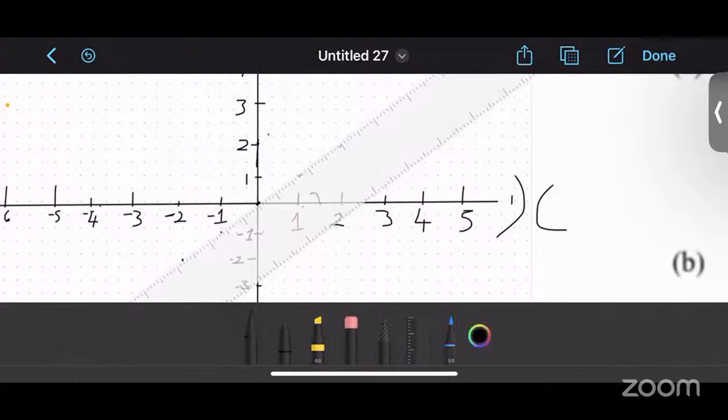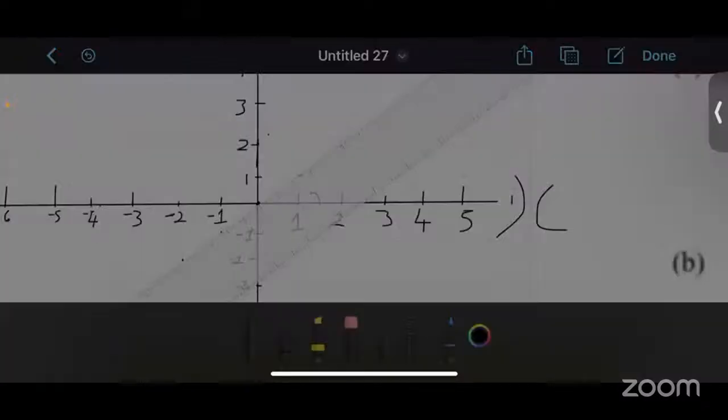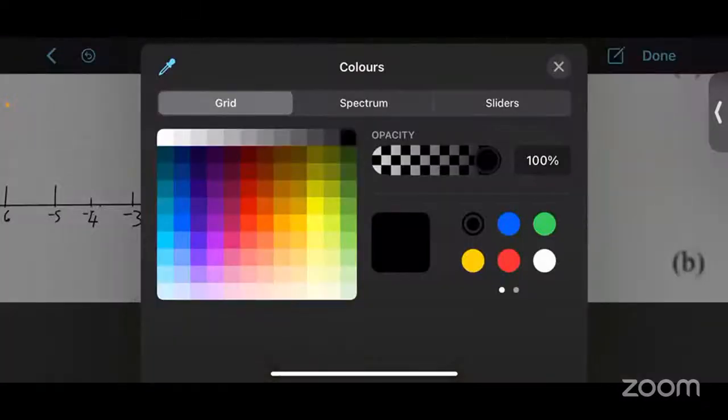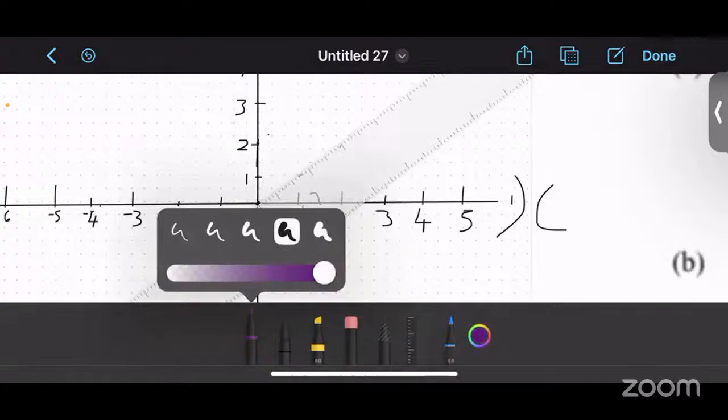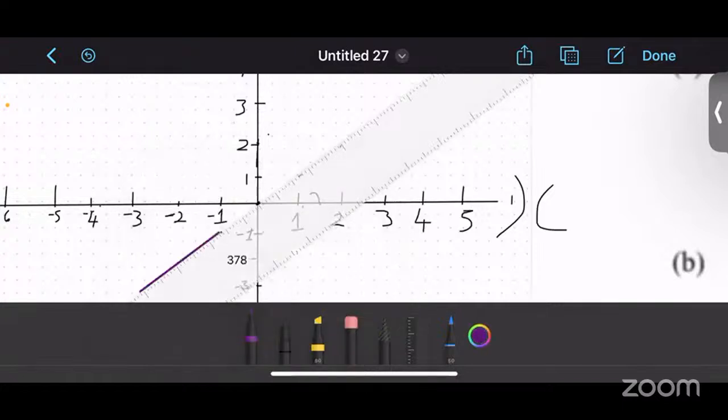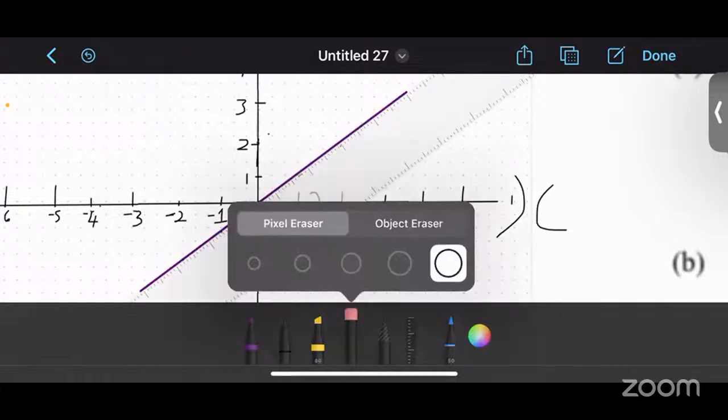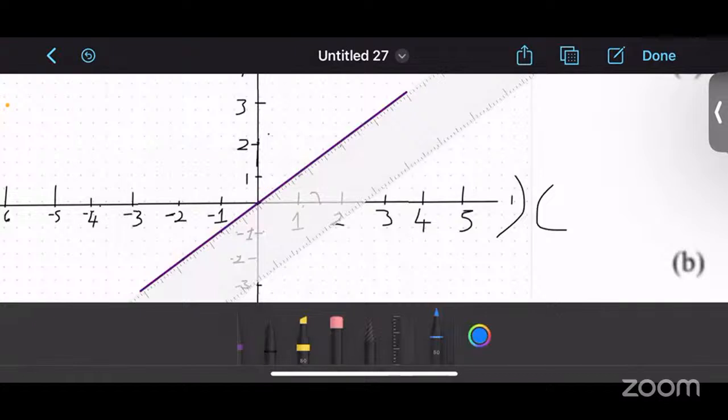So let's use different colors to actually draw the graphs, because it's gonna be many of them. Let's use purple, and let's increase this maybe. Yes. And this is going to be my, I wanna remove the ruler.